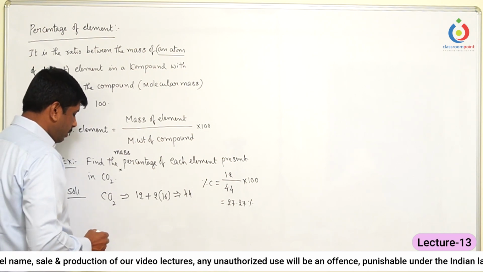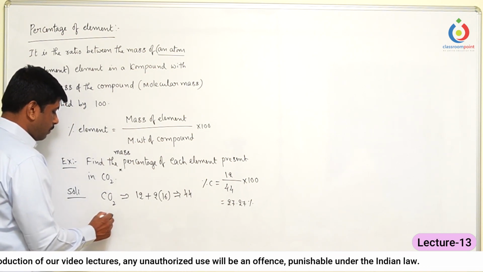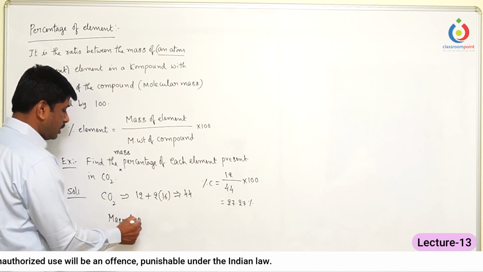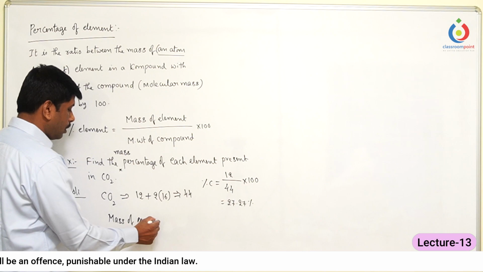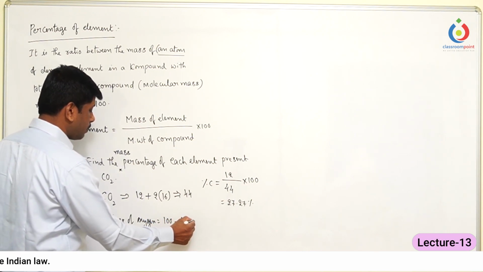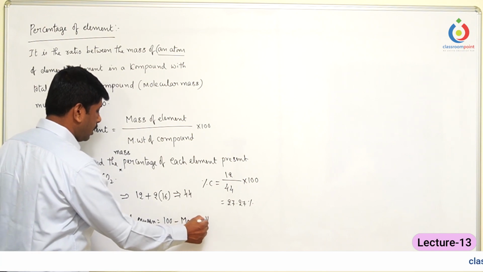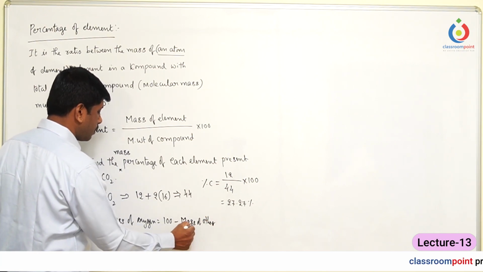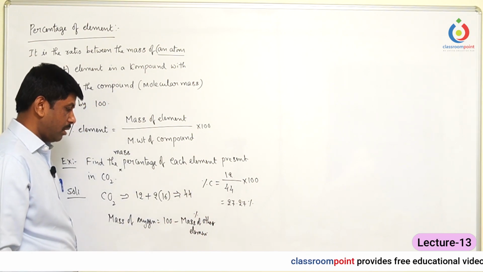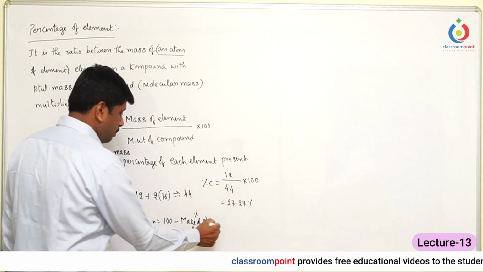Similarly, if you want to calculate the percentage of the oxygen, two methods are there. When two elements are present, the percentage of the last element, here oxygen, is equal to 100 minus the mass percentage of the other element. Or else you can do it this way also.